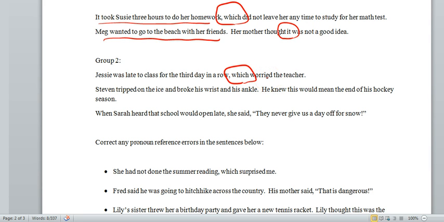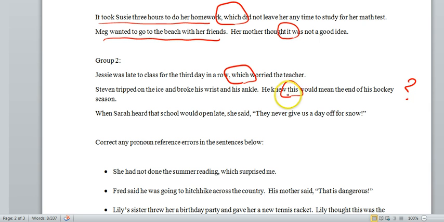Another example. Stephen tripped on the ice and broke his wrist and his ankle. He knew this would mean the end of his hockey season. What is this? Stephen tripped on the ice and broke a wrist and an ankle.